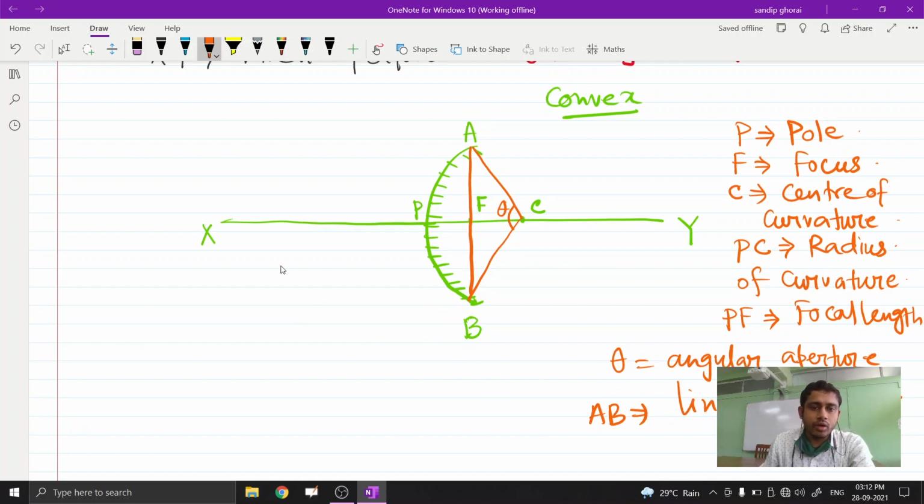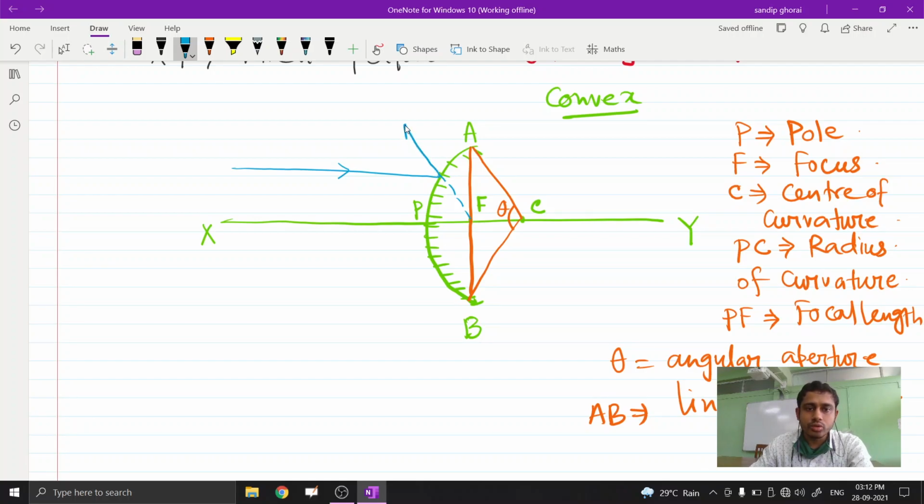If we take an incident ray parallel to the principal axis, then after reflection the rays do not meet; they appear to meet from the focus point.